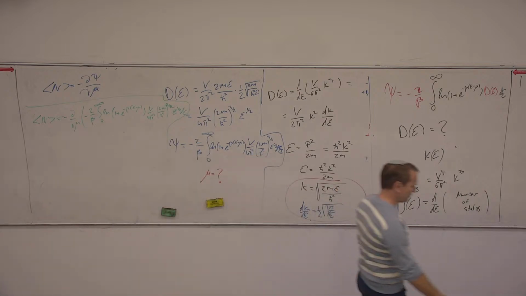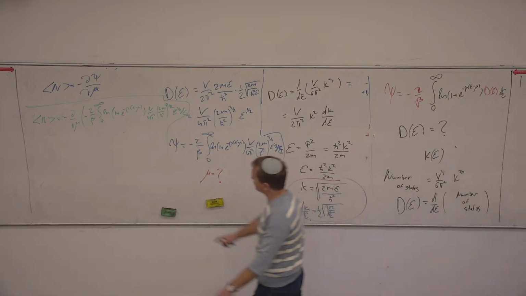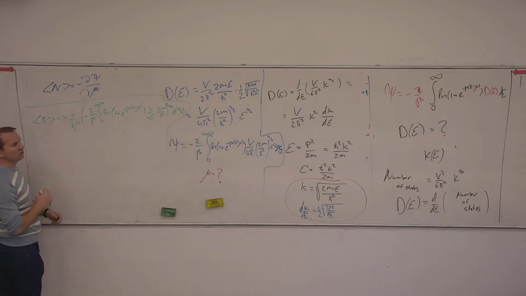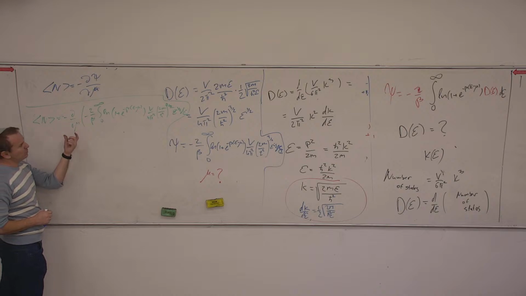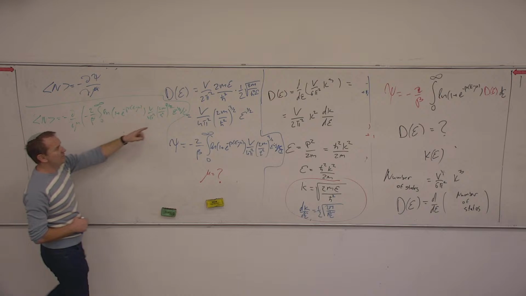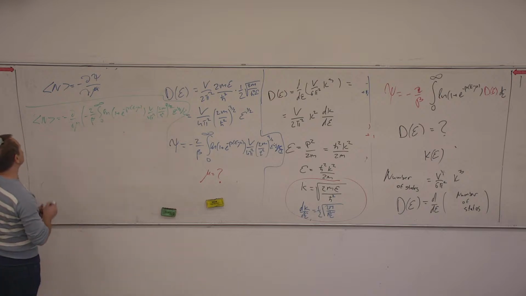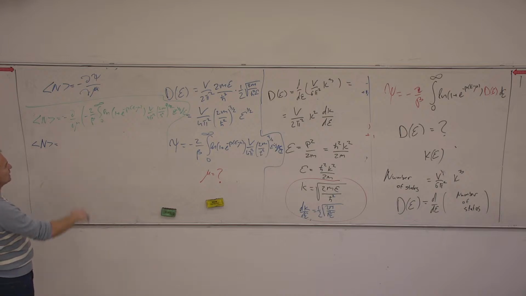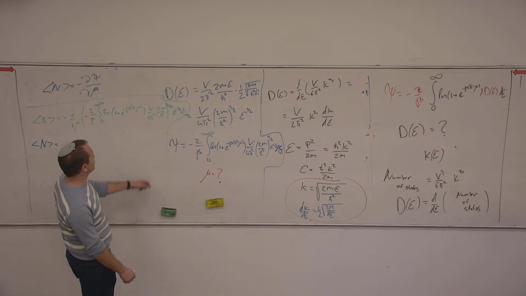The only thing that matters is the term with μ. I'm assuming that the integral is converging uniformly, therefore I can move this derivative inside the integral, because the derivative is with respect to μ and the integral is with respect to something else.